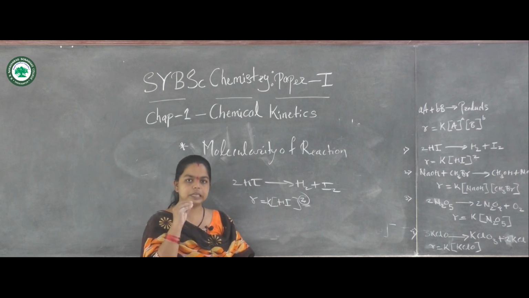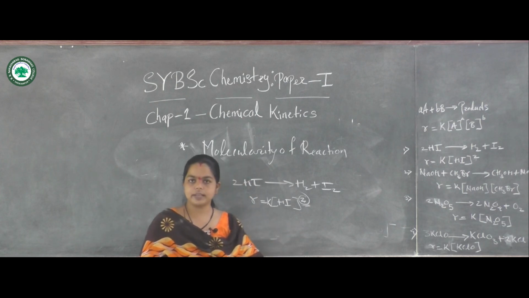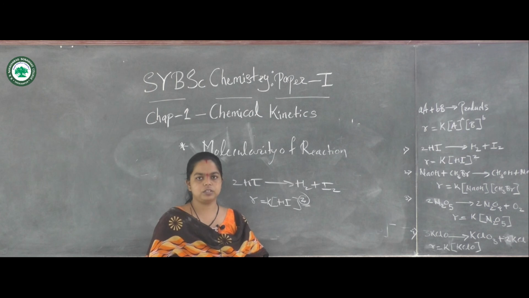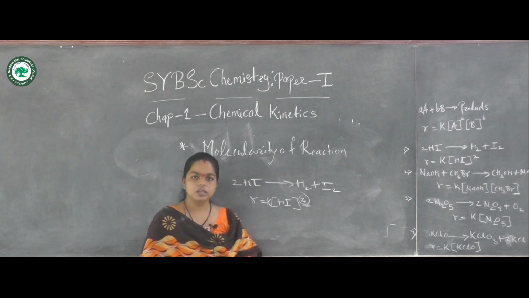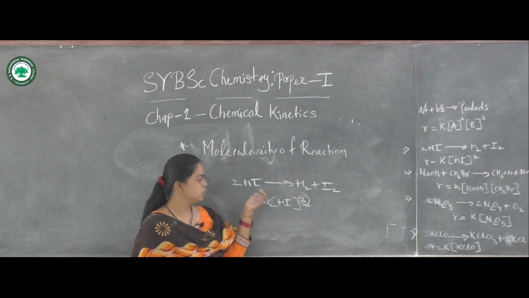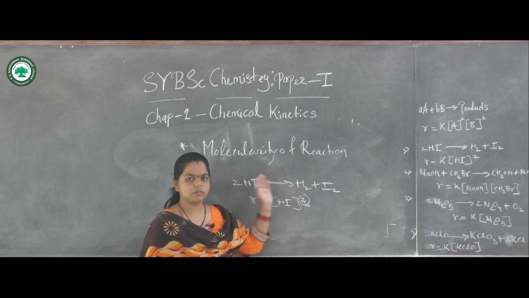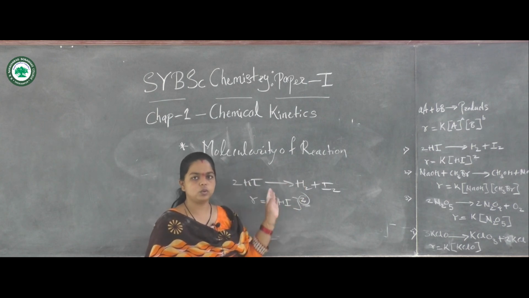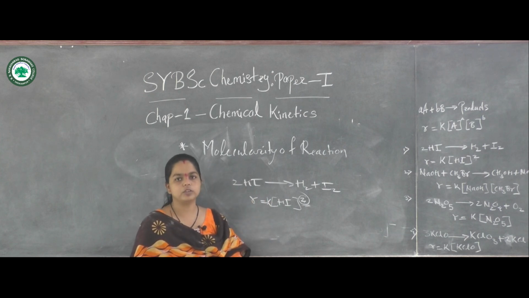So if the reaction has only one step, and no intermediate is involved, that reaction is called an elementary reaction. So we have to consider only the elementary reaction in order to determine the molecularity.